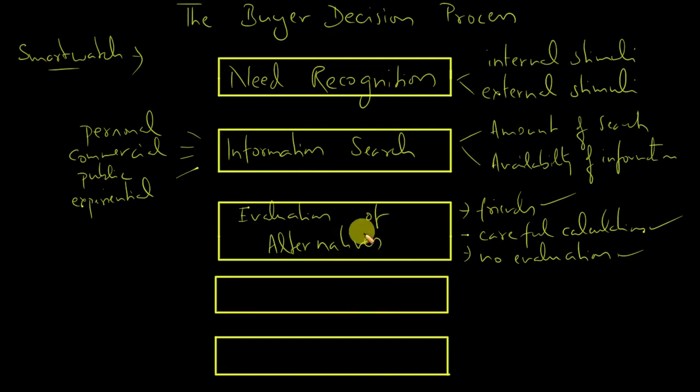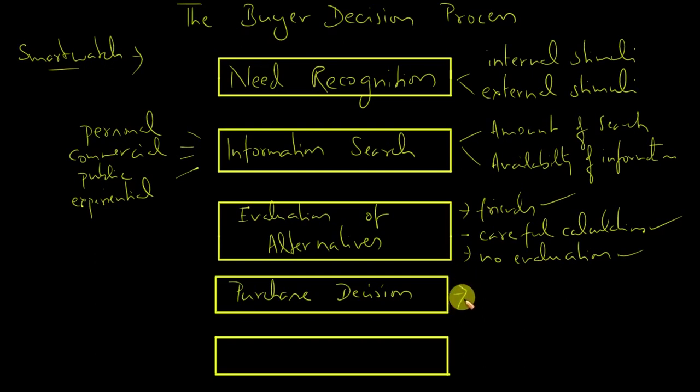So after evaluation of alternatives, the customer goes through a stage of purchase decision. Here the customer decides which brand to purchase, which smartwatch to purchase. Here the customer will be buying the most preferred brand.